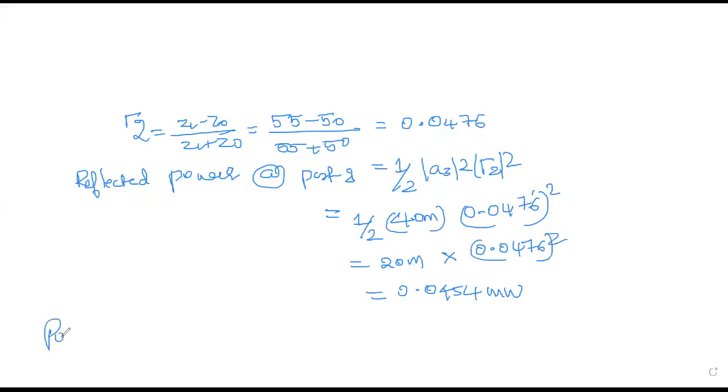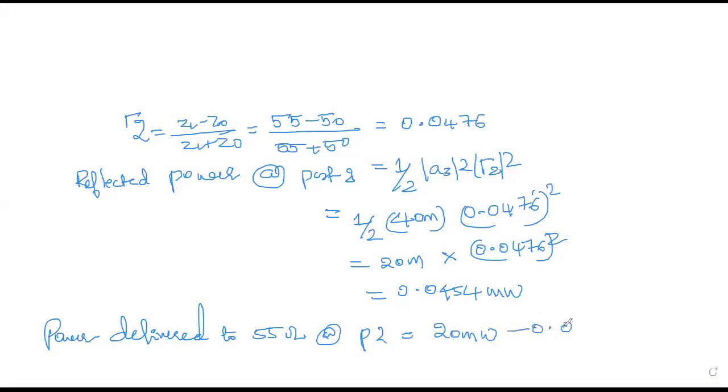So the power delivered to 55 ohm at port 2 is equal to 20 milliwatt minus 0.0454 milliwatt. What is the answer? 19.9546 milliwatt.